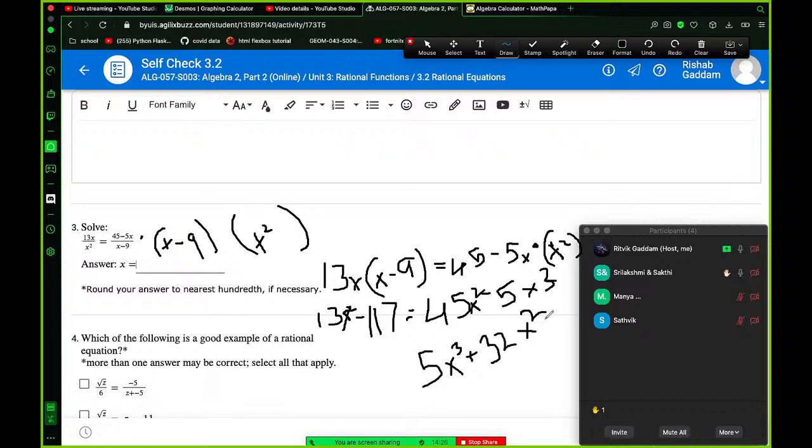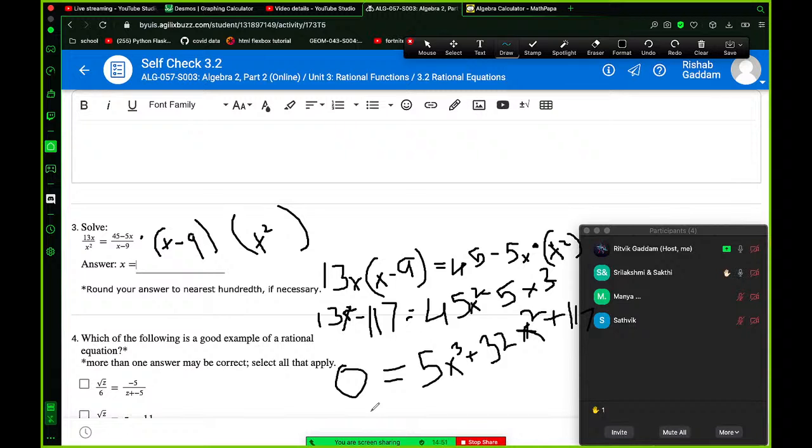I think it's a positive, because this is a negative over here, so when you bring it to the other side, it becomes a positive. 117 equals 45 minus 13 is 32. Yeah. 32x squared minus 5x cubed.